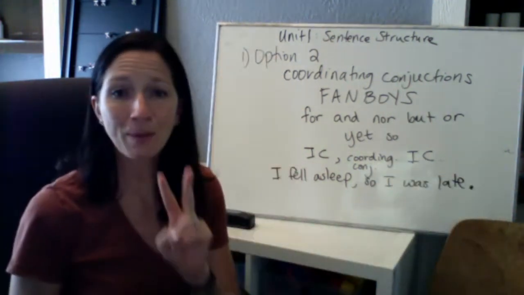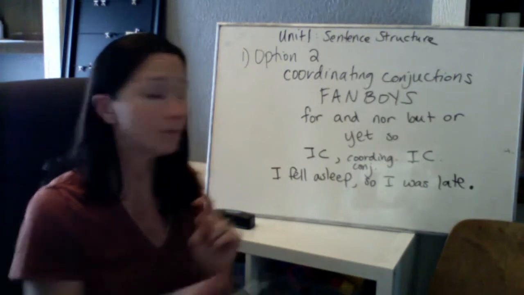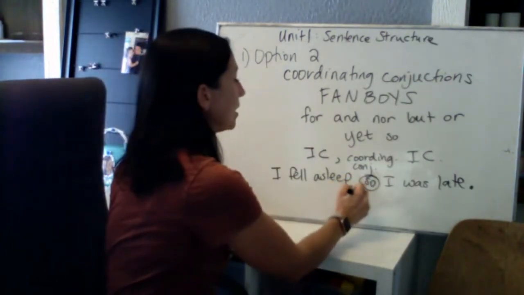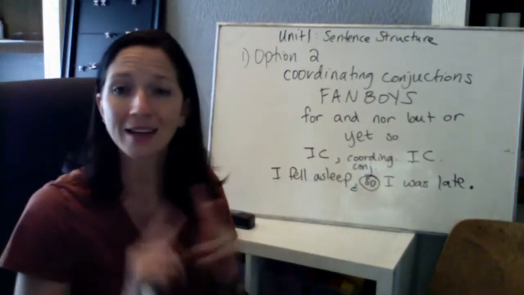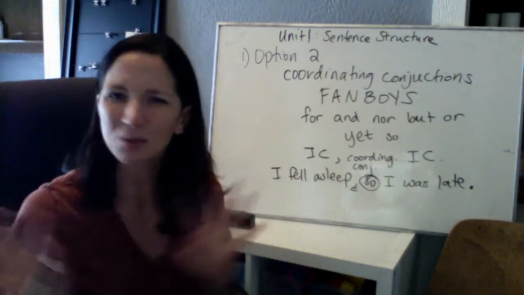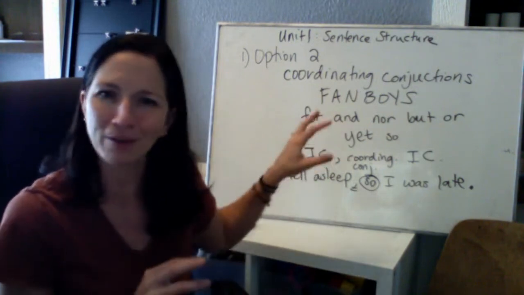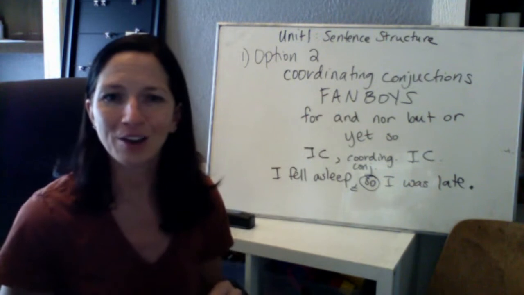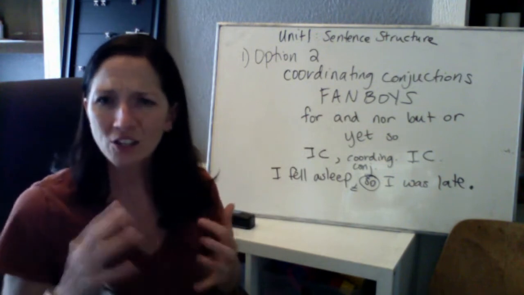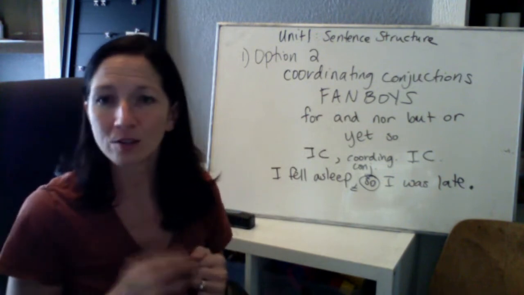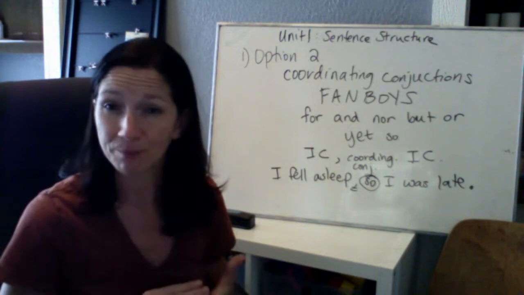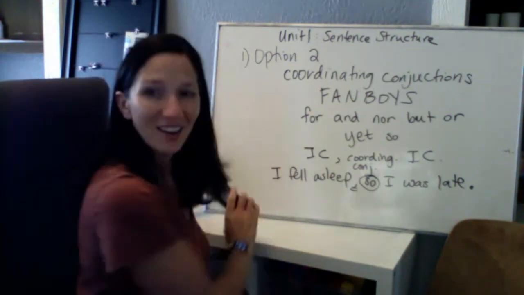Two independent clauses combined with a comma and a coordinating conjunction. This is review, but maybe FANBOYS is new, and now you know which conjunctions are going to use a comma every single time, always. All right, that's option 2.